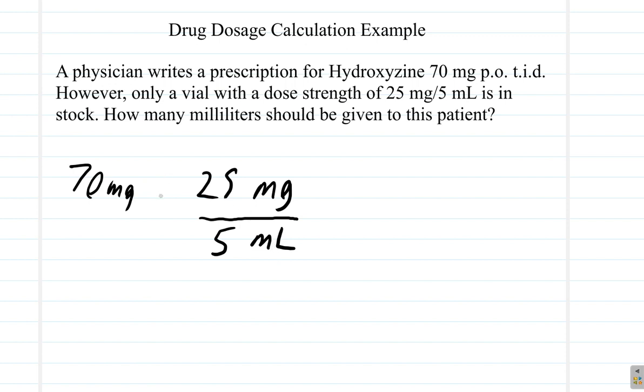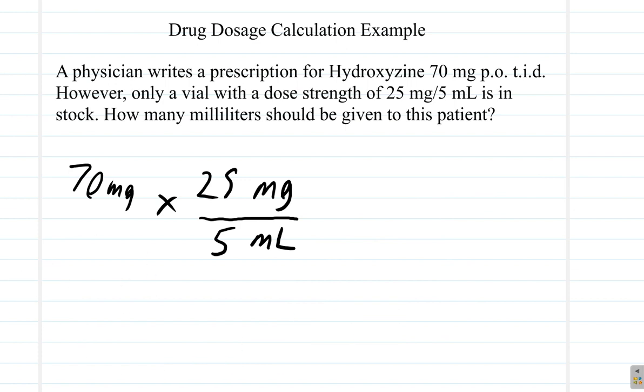Alright, if you multiply these directly, you're going to have a problem. The unit will be milligrams squared divided by milliliters. That's not what you want. You want the milligrams to be out of the picture and only milliliters to be there.